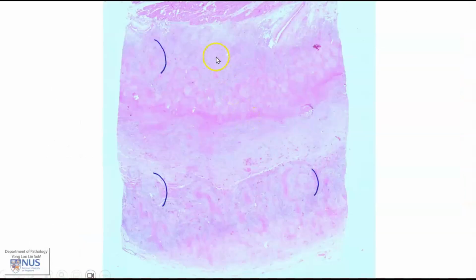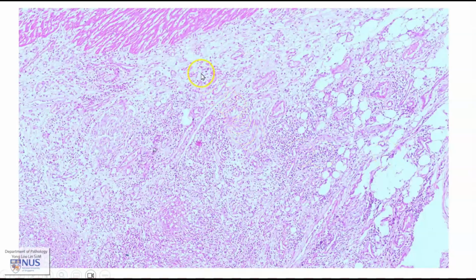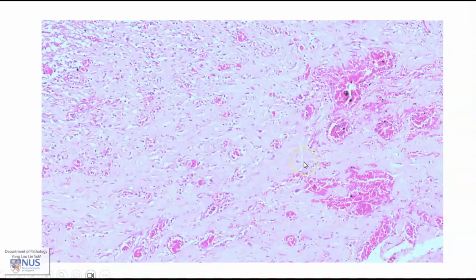Here is a higher magnification view showing the myocardium and the abnormal thickened pericardium with necrotizing granulomatous inflammation, fibrosis, and more necrotizing granulomatous inflammation. Here is the area of the visceral pericardium where we can see lots of lymphocytes.